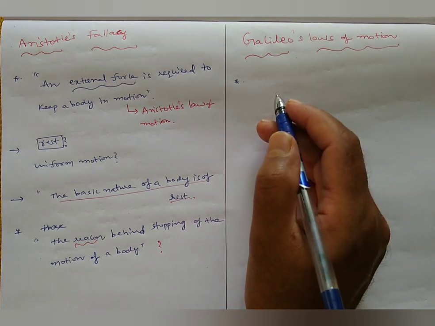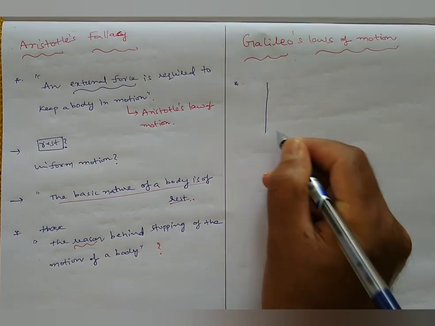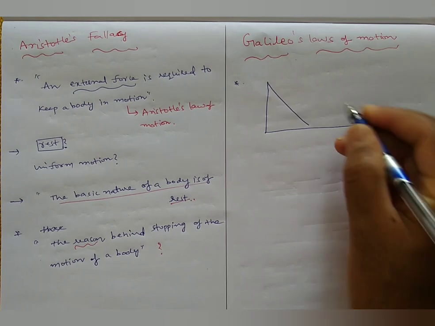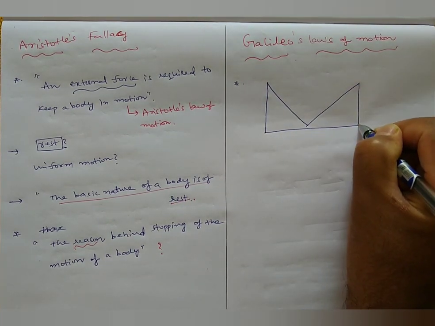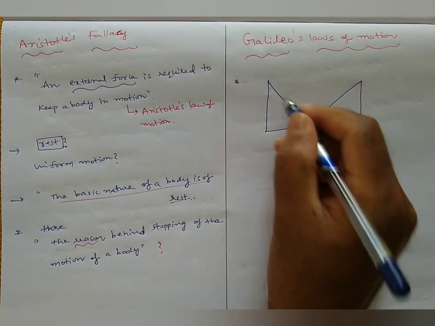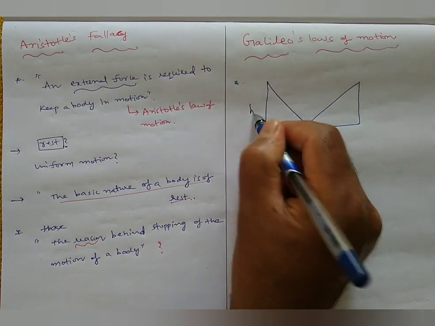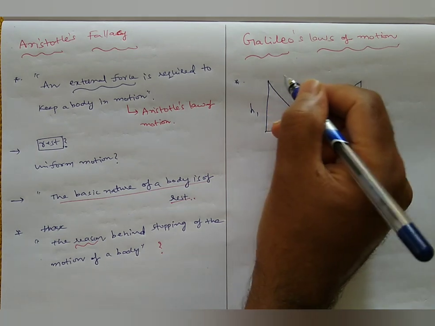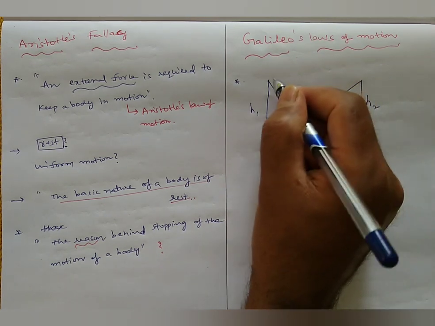The two experiments are, the first one is the double inclined plane. So this is the double inclined plane. Let me take the first height as h1, the second height as h2.